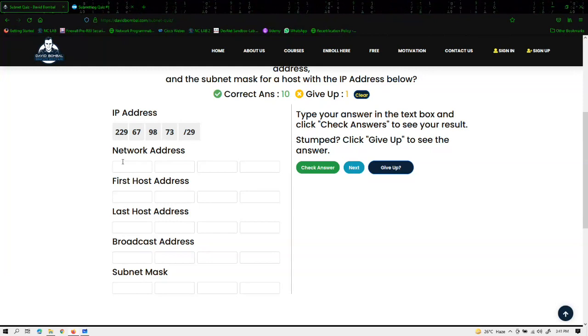So the first network address will be 229.67.98. Here 0 to 7, 15, then 23, then 31, and so on. 63 plus 8, 72. So the network address is 72.